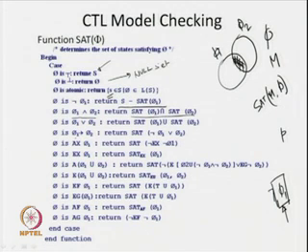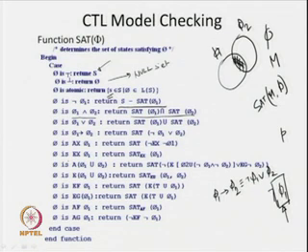Again, we know that if it is phi 1 implies phi 2, then return not of phi 1 or phi 2, because this is equivalent. We know that phi 1 implies phi 2 is equivalent to not of phi 1 or phi 2. So, that is why we are just going to look for the satisfiability of these things, and ultimately we are going to get this particular step.